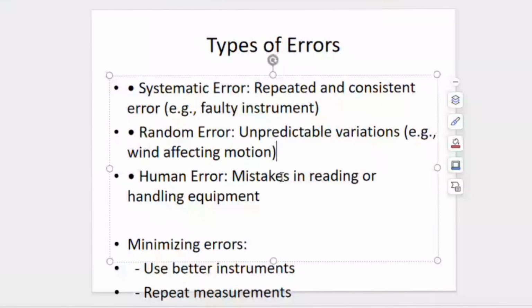While human errors are mistakes in readings or handling the instrument. Let's assume you want to create a neutral solution. You're supposed to mix hydrochloric acid and sodium hydroxide.